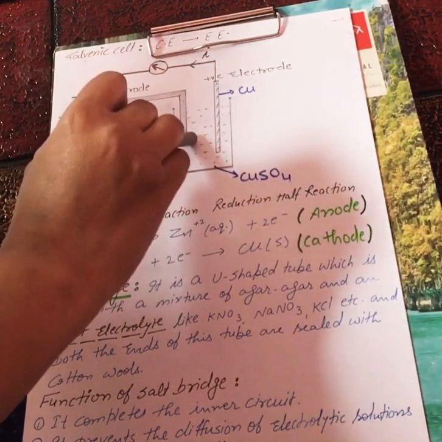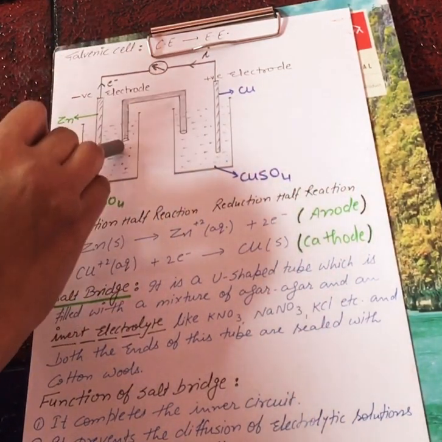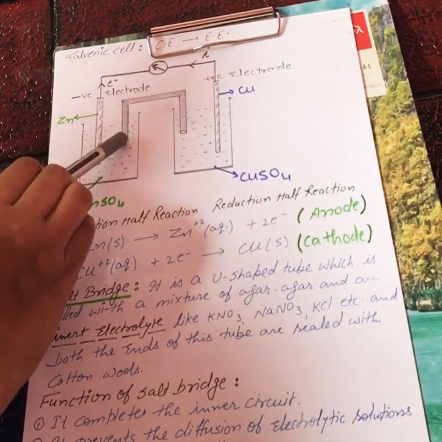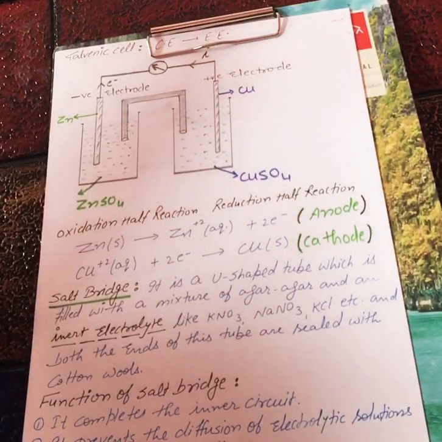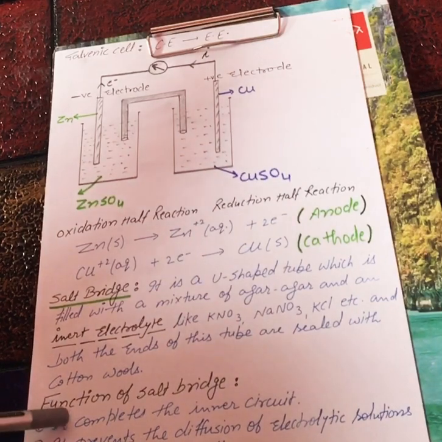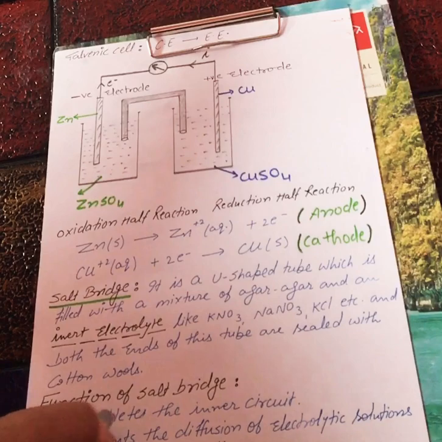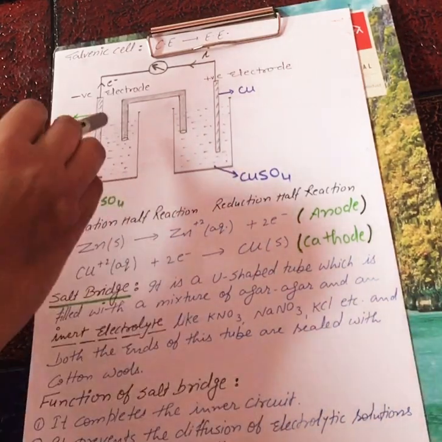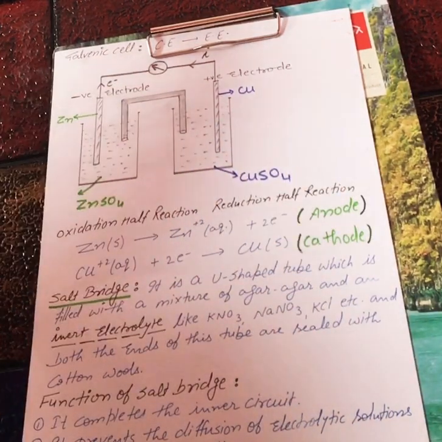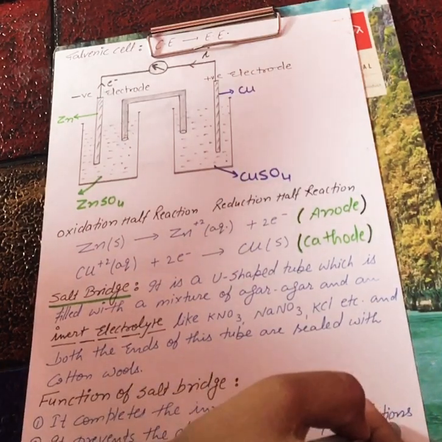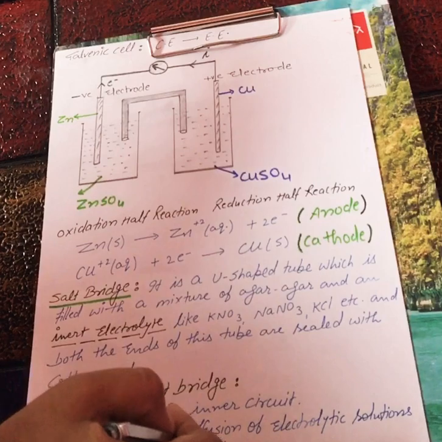For completion of the circuit, the salt bridge should be inserted in this circuit. By the salt bridge you can complete the circuit. Because of that we are discussing here the function of the salt bridge. It completes the inner circuit. It prevents the diffusion of electrolytic solution in the two half cells.